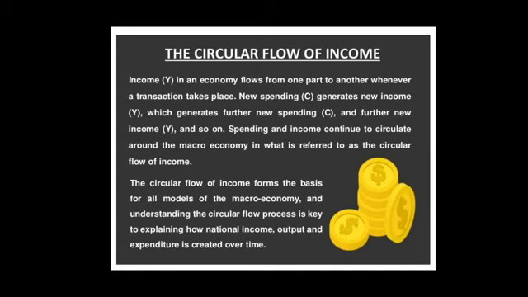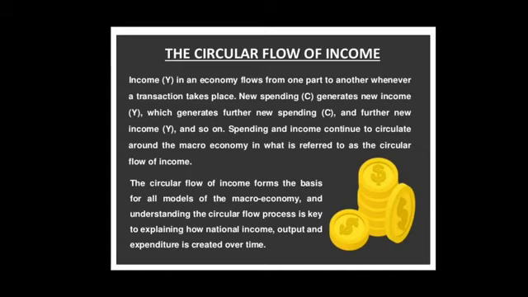So the first phase of circular flow is the phase of production. In order to produce goods and services, the firms or the producing sector hires factors of production from the household sector, who are the owners of these factors.